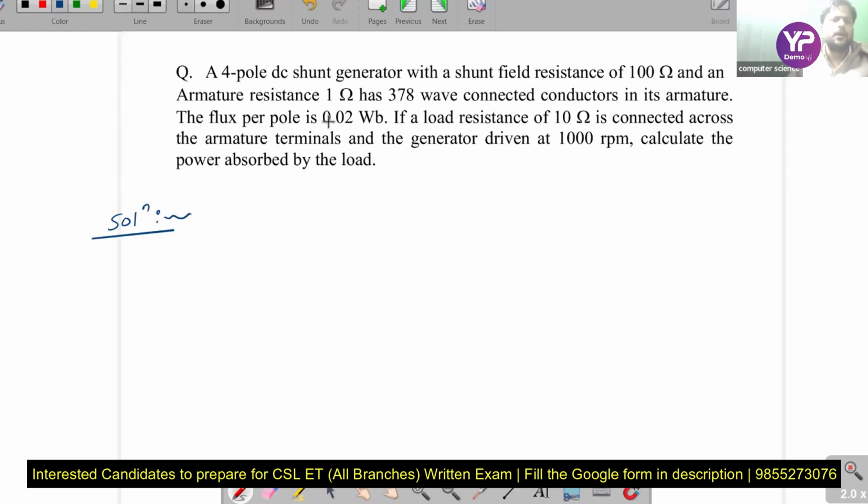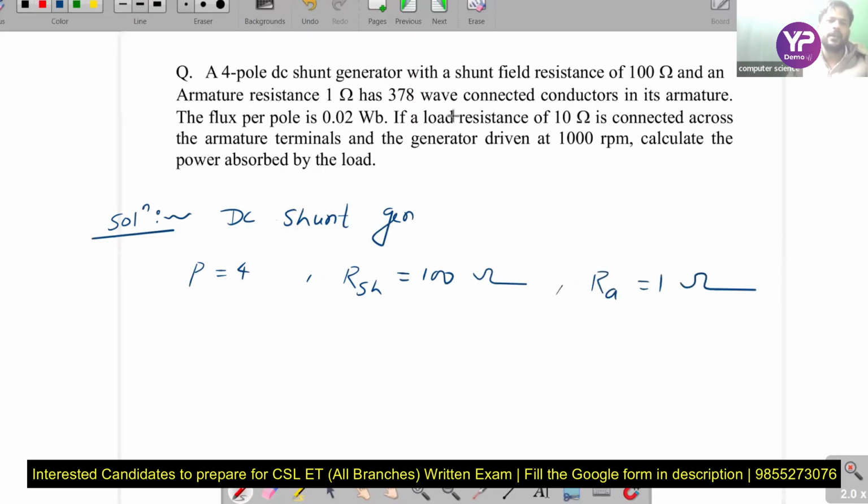The next question is a 4-pole DC shunt generator. A 4-pole DC shunt generator with a shunt field winding resistance Rsh equal to 100 ohm and an armature resistance equal to 1 ohm has 378 wave-connected conductors.